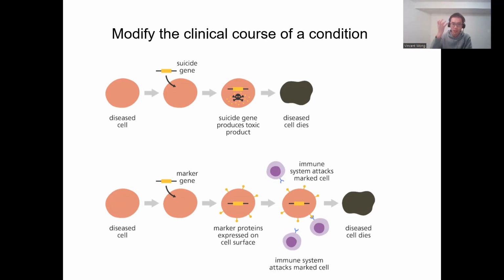The suicide gene, once taken up by the cancer cell, is going to create toxins that would then kill the cancer cell. Of course, here we have to be careful. We don't want to accidentally deliver the suicide gene into healthy cells, right? Because then now you start killing healthy cells as well. So, being able to have a target delivery, that's the key here.